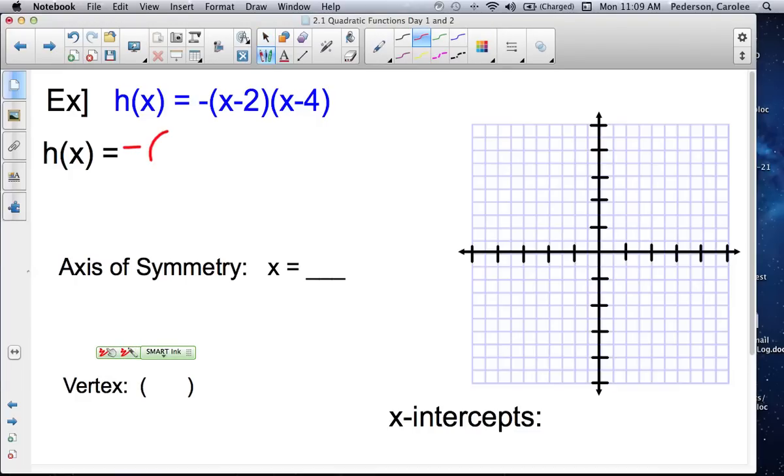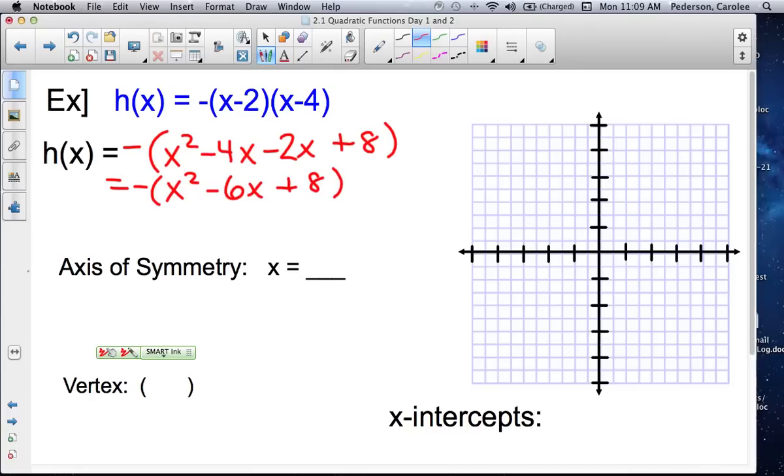To FOIL this out, I'm going to multiply just the parentheses together for right now and ignore the negative. So it's x squared minus 4x minus 2x and then plus 8. I'm going to combine like terms in the parentheses, and then distribute the negative through.